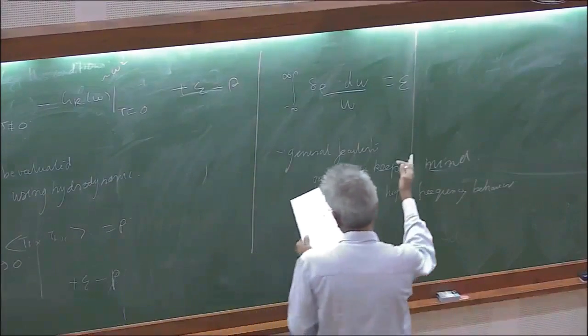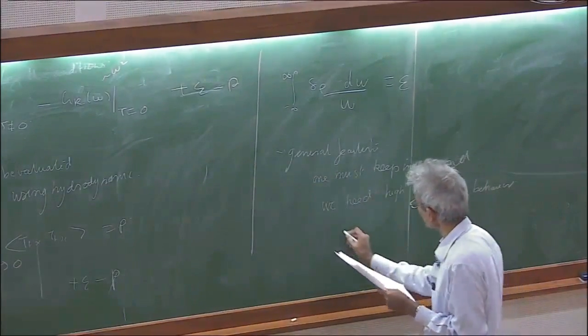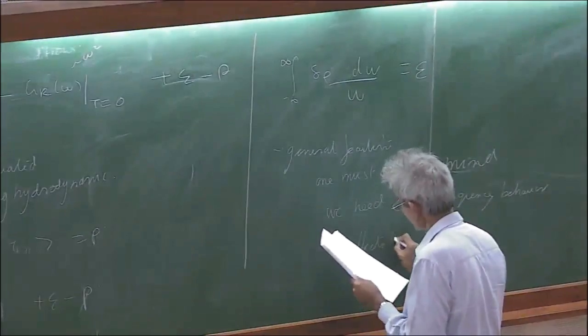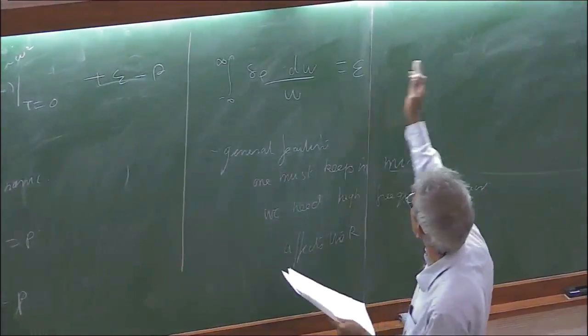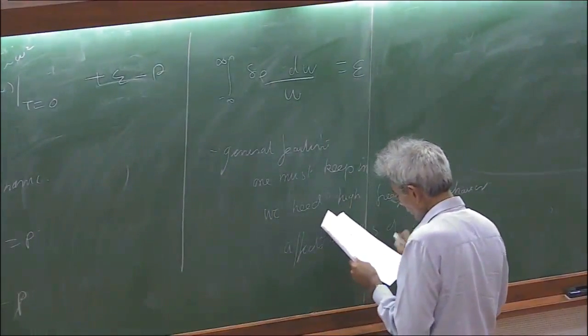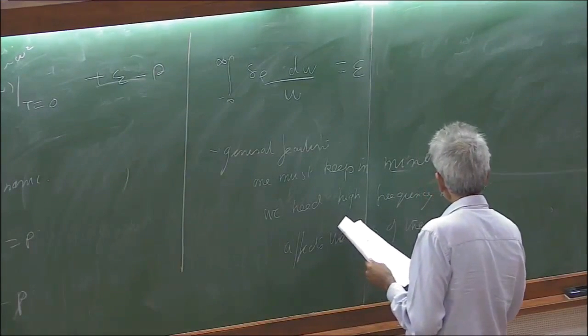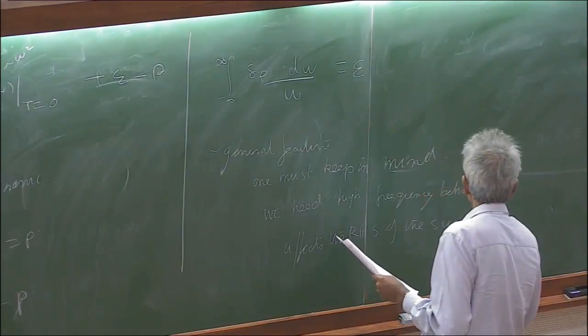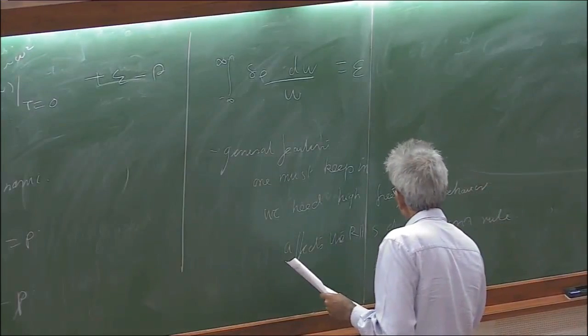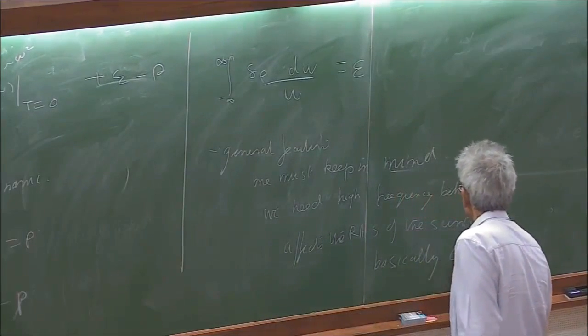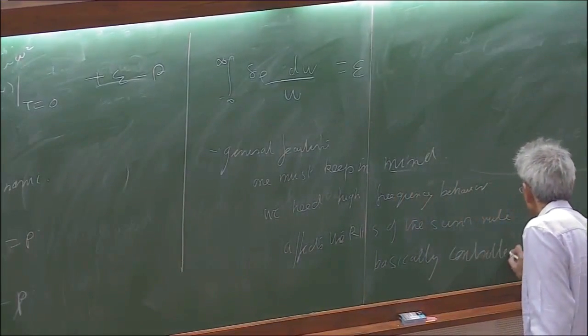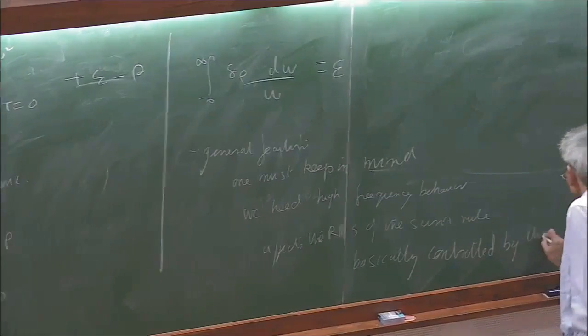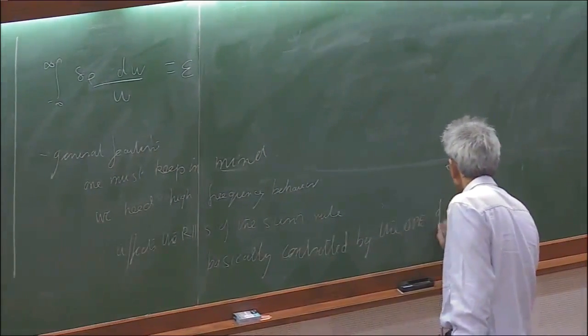So the high frequency part affects the RHS of the sum rule. In this case it's the RHS here. The RHS of the sum rule is basically controlled by the OPE of the stress tensor.